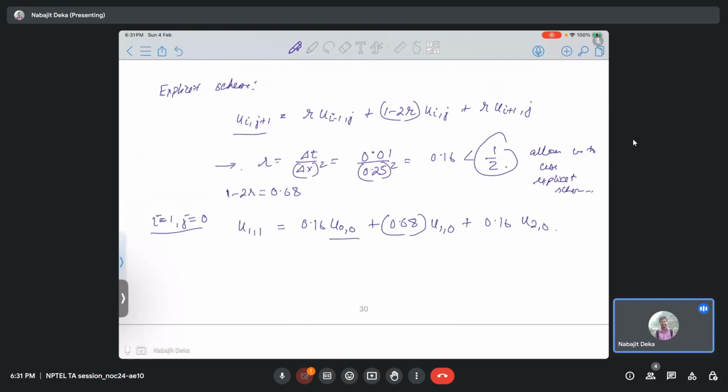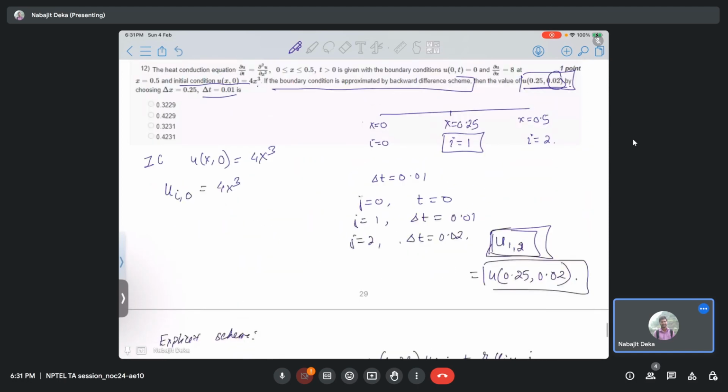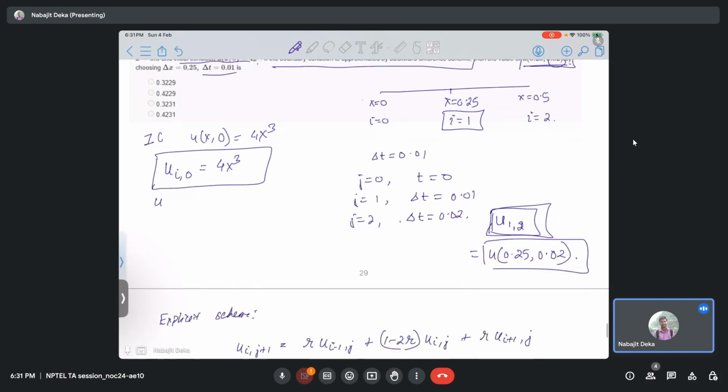We know these values u(2,0), these are all at initial conditions, right? So j equal to 0. So what we have is this thing. So u(0,0) will be 0, u(1,0) will be 4.